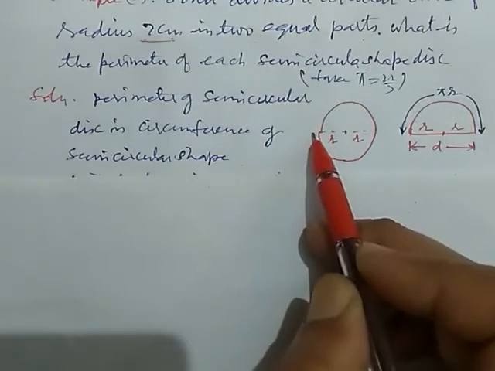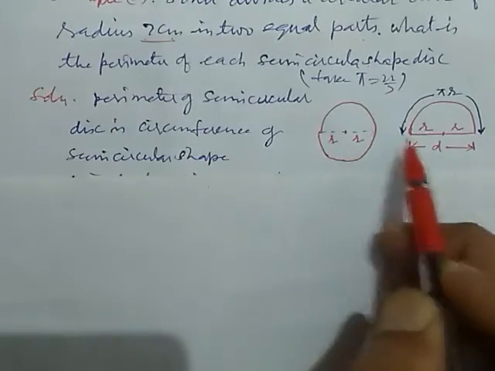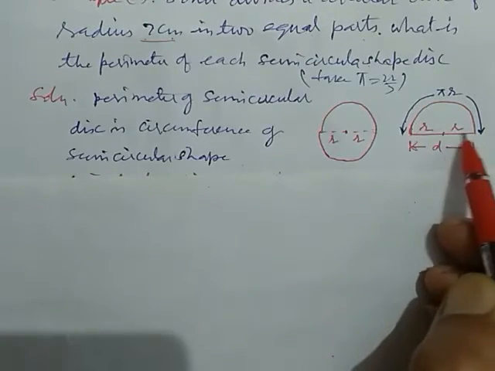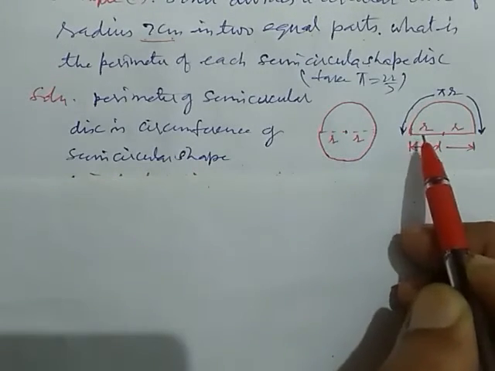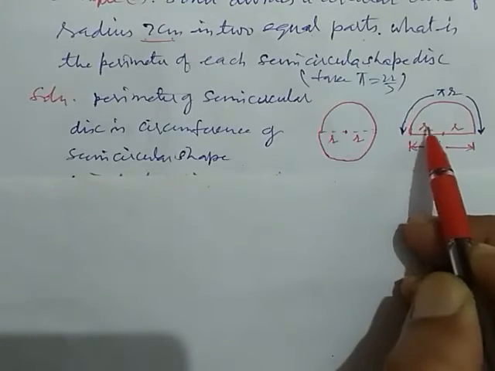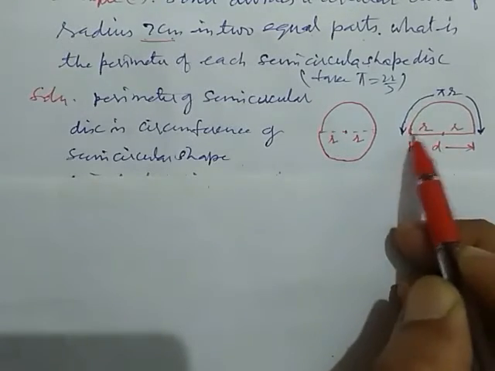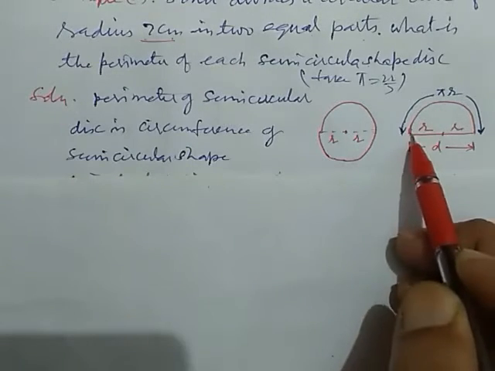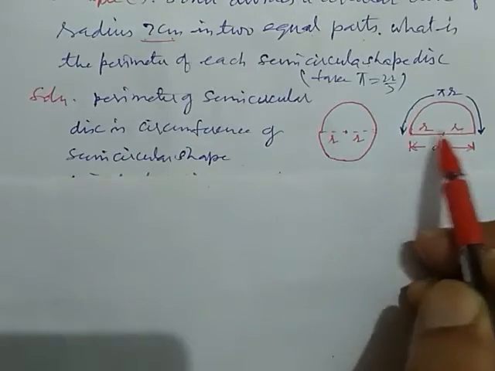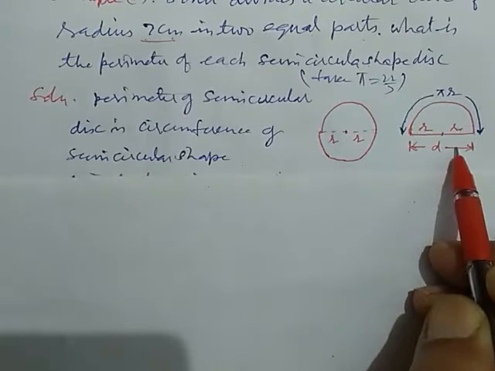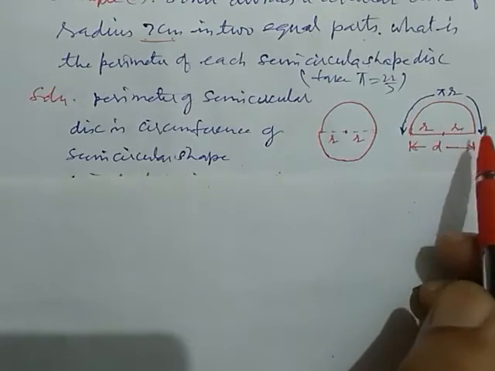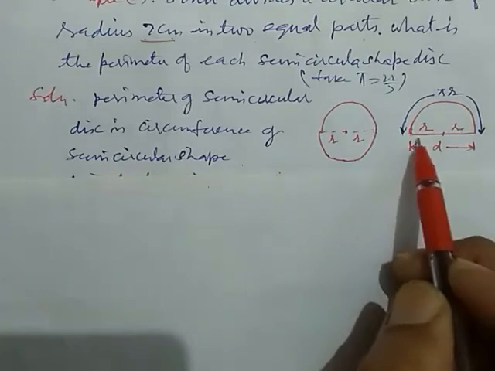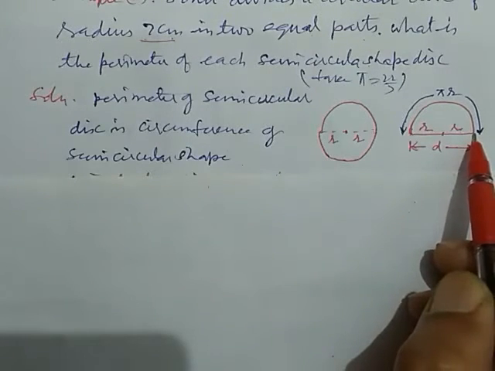But when it is cut here, this part is also produced, because it is also an outer part. So we have to add R and R. This is R and this is R, so 2R. So in the half of the circumference we add this part also, which is 2R, or the diameter.